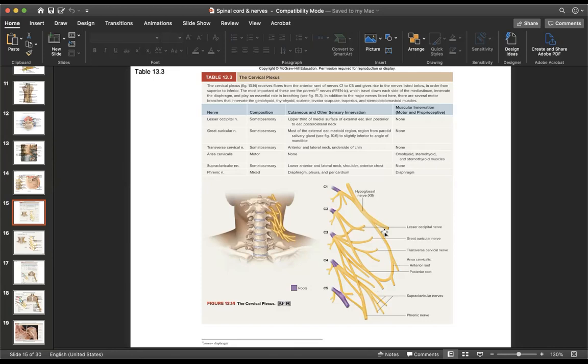It's just useless trivia, but that's the ansa cervicalis, this loop in this cervical nerve. I don't know, I just found that interesting.